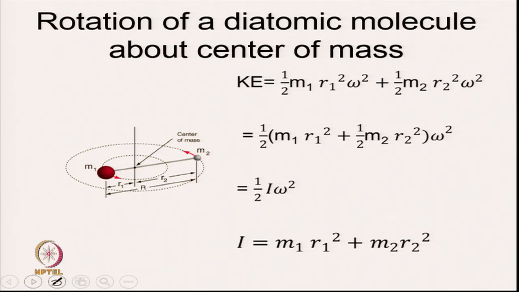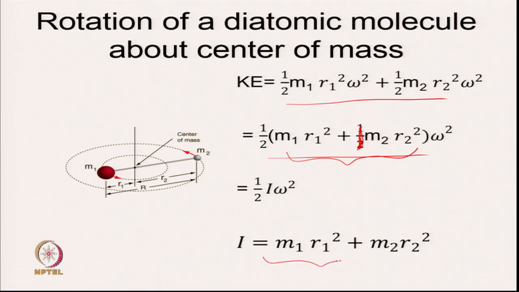Now, we can go ahead and calculate kinetic energy. Kinetic energy will be given by half M1 R1 square omega square plus half M2 R2 square omega square. If we take omega square outside, what we will get is half times M1 R1 square plus M2 R2 square, into omega square, and this bracket is equal to your I. Here you see I is equal to M1 R1 square plus M2 R2 square.